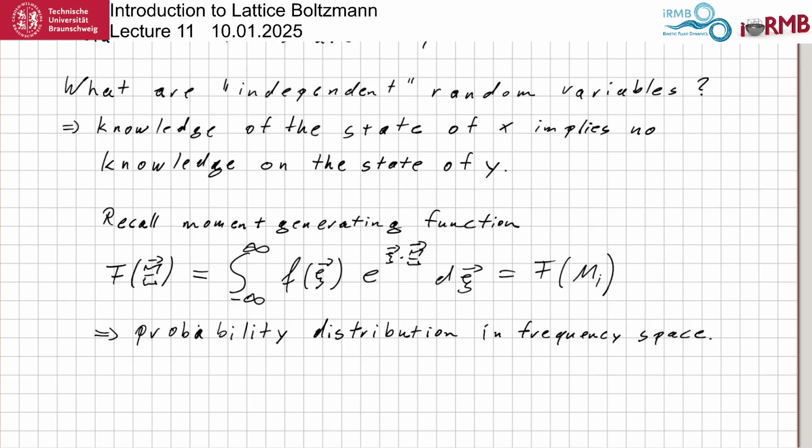So what do we know about probability distributions, joint probabilities of independent variables? Can you repeat the question? What do we know? We want to see different variables.